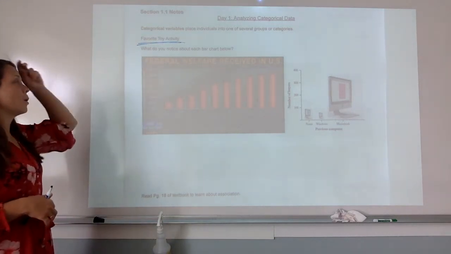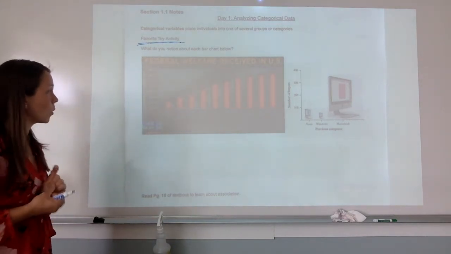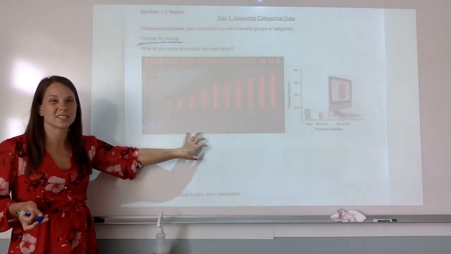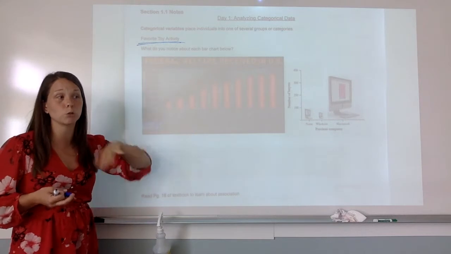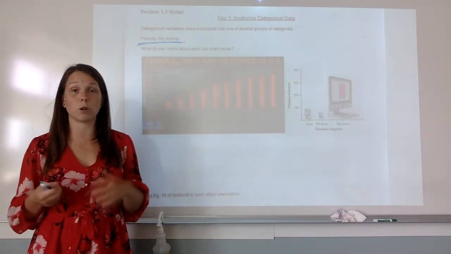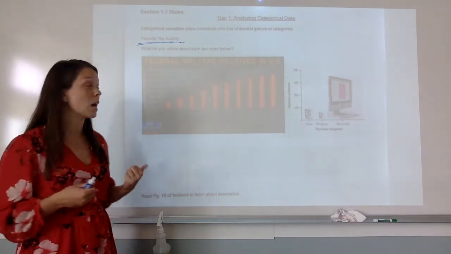So what do you notice about each bar chart below? I want you to take a moment. I know on my screen, because I'm projecting this, it's not the easiest to read, but you should have a copy of the notes in front of you or a PDF version to look at or reference.